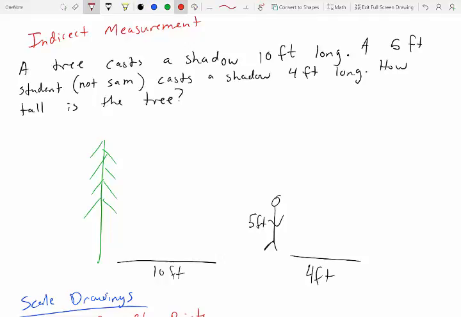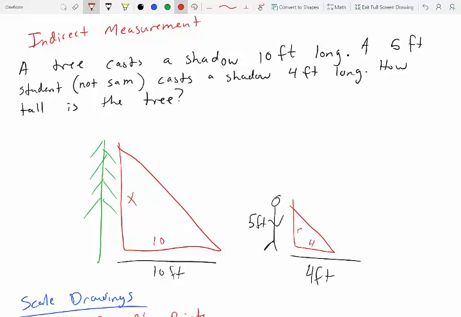What can we make with these? We can make similar triangles. There's one triangle, there's the other. So we have 10, we're looking for the height of the tree, x, and then 4 and 5. If I make a proportion with these, I'm going to take my vertical side, or my height, which is x, and put it over my shadow, which is 10. That's equal to 5 over 4, since I use height on the top again.